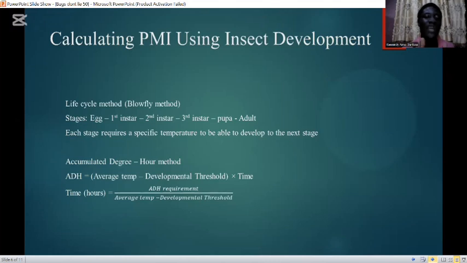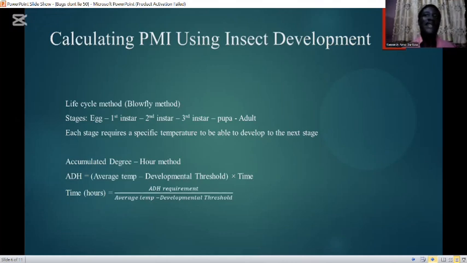The entomologists will collect the insects from the corpse and identify the present stage of the insect, whether it's in the first instar stage, the second instar stage, and so on. But you collect the older stage of the insect, because let's say a person dies and an insect comes and lays eggs.